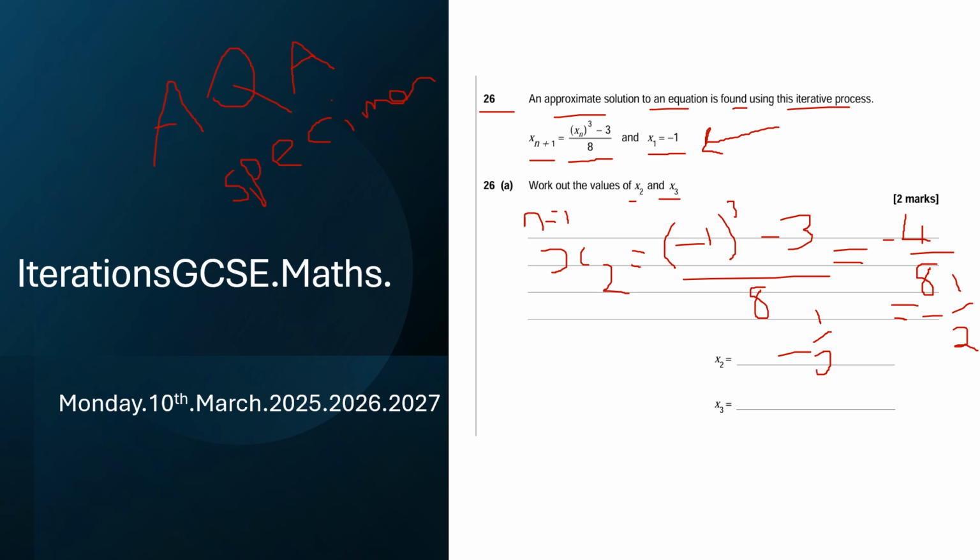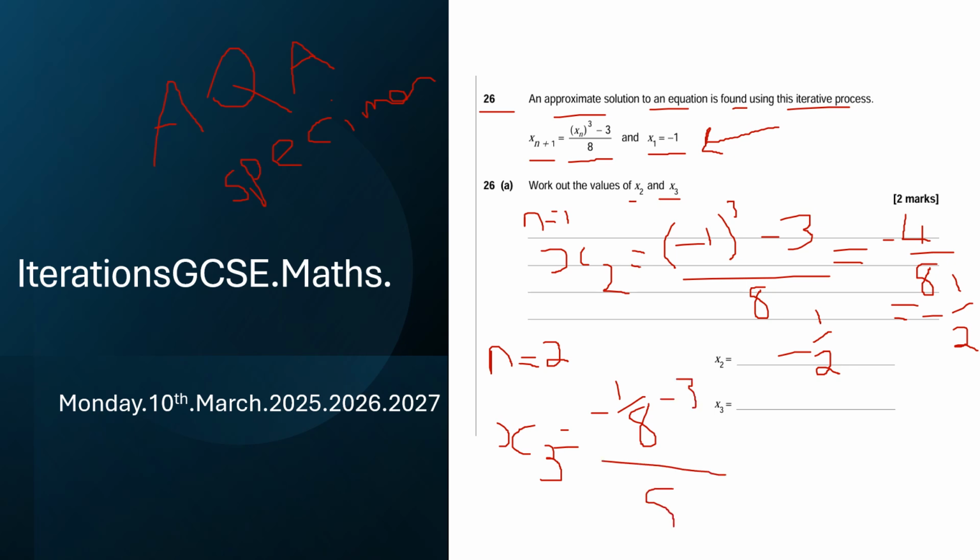What about x3? Well, x3 is when n is equal to 2. So 2 plus 1 makes 3, so x3 is equal to x2 all cubed, so that's -1/2 all cubed, which is -1/8. Subtract 3, over 8.